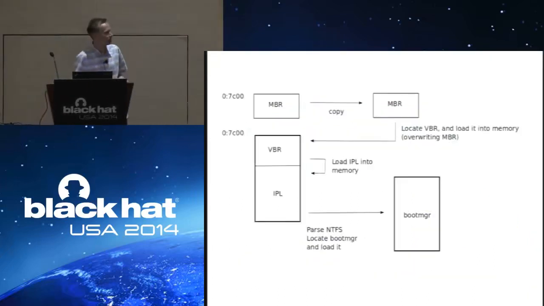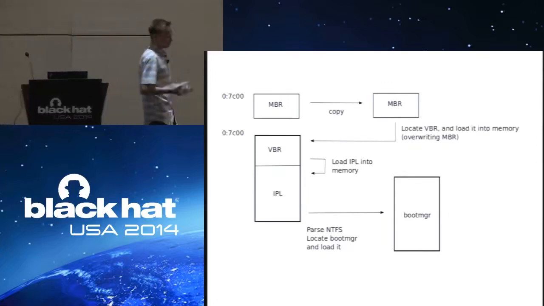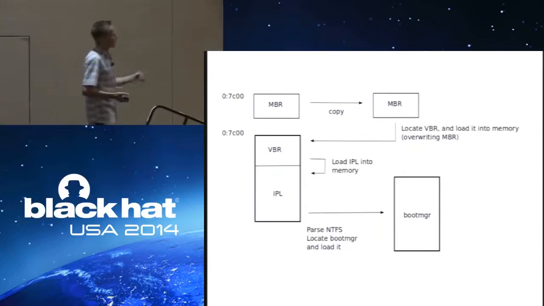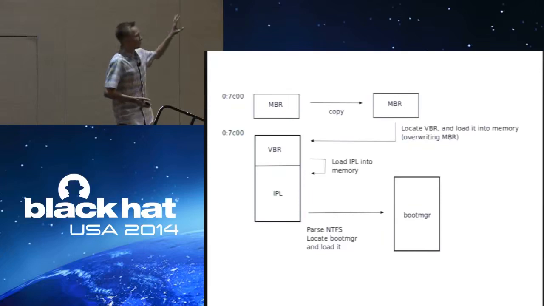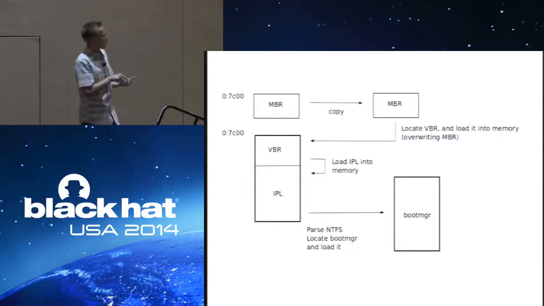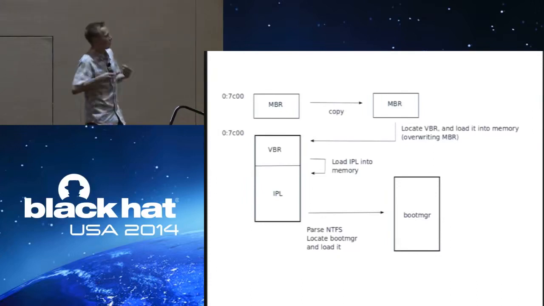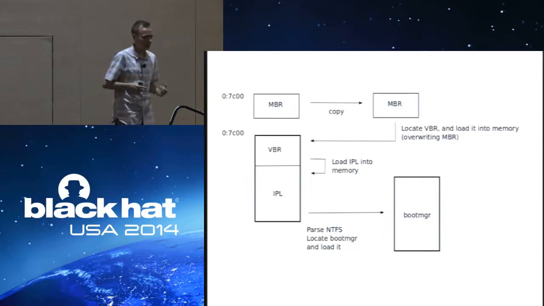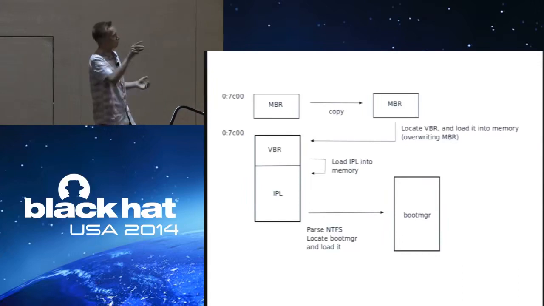So this is just an illustration of how we expect the boot process to work. You can see on the left-hand corner-ish, the MBR has been loaded into memory at 7C00. Because it seeks to load the VBR into the same place where it's residing itself, it will typically copy itself to a different memory location.